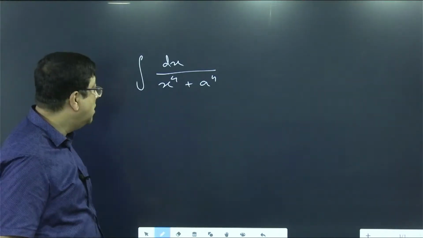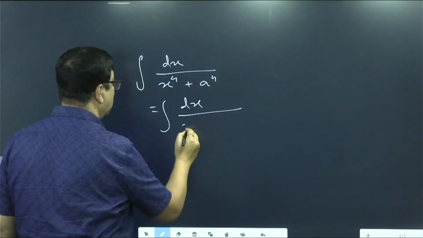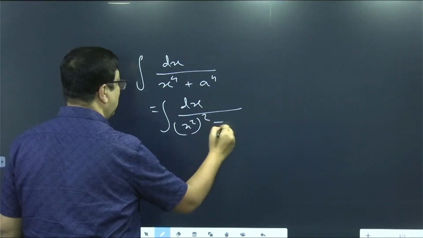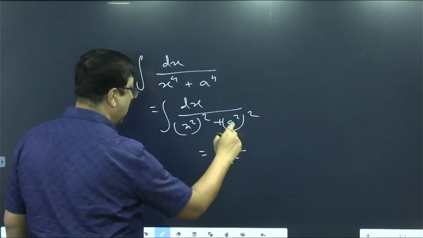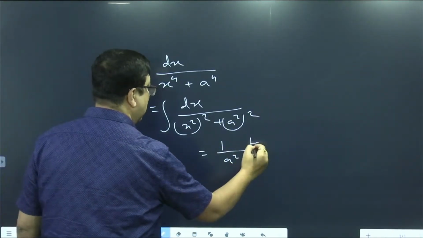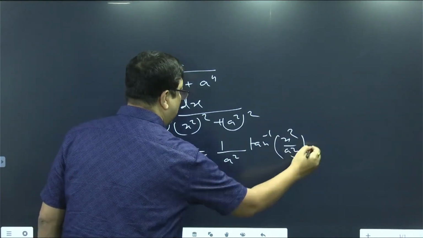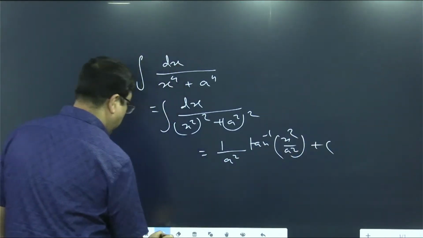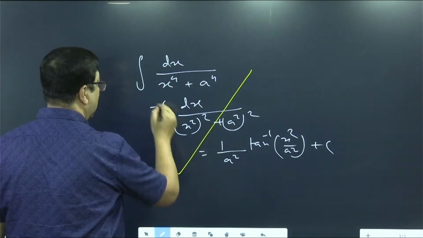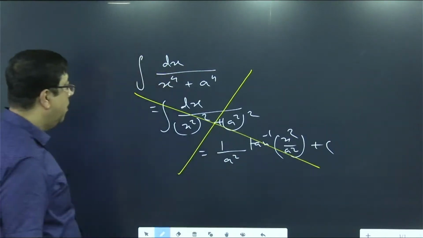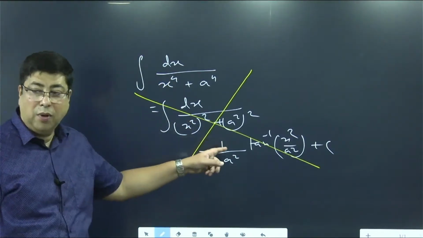They write x square whole square plus a square whole square, and they write 1 by a square tan inverse x by a. So everyone, this is the wrong formula. This is the wrong way. Remember, if it is not x square, the formula will not work.